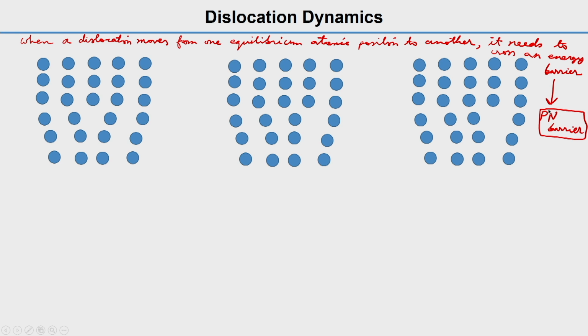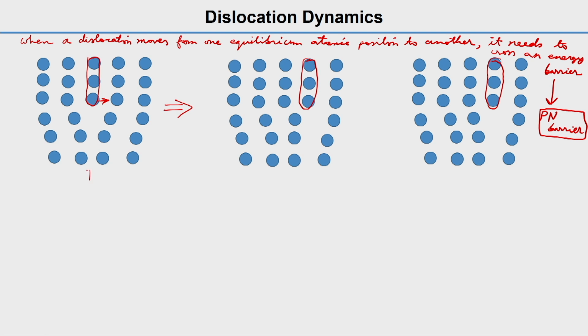So what is happening here is, let us say this is the extra half plane in this case, and after some time, the dislocation wants to move towards the right. The extra half plane will move to this distance. But if you see the configuration, it is not totally shifted to this position.